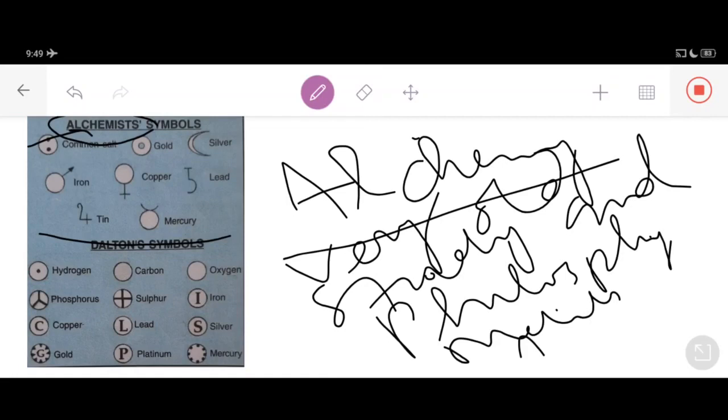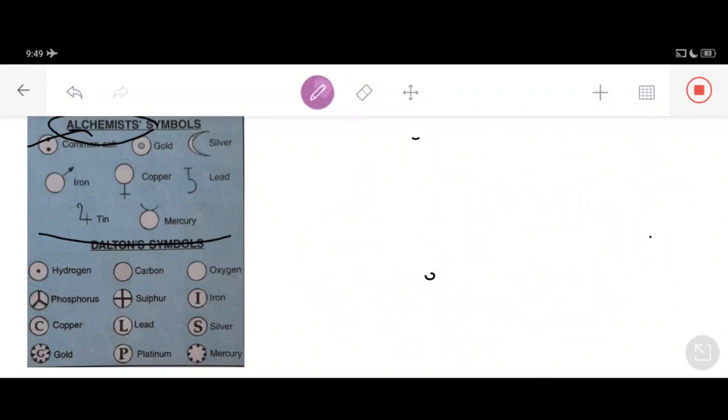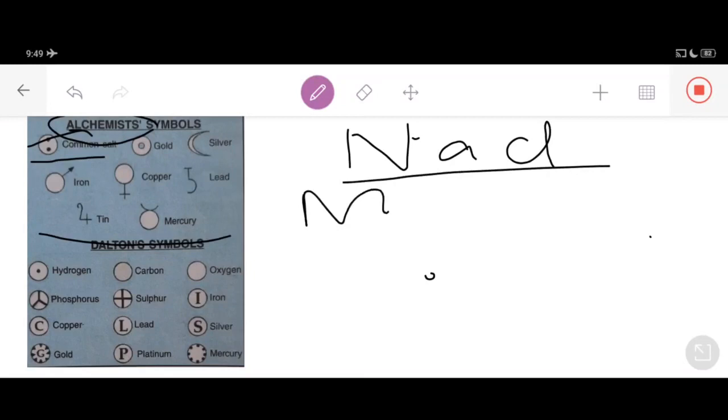Look, dear students, let me show you. It's the alchemist symbol for common salt. The formula of common salt is NaCl, sodium chloride. Jot it down, dear student.